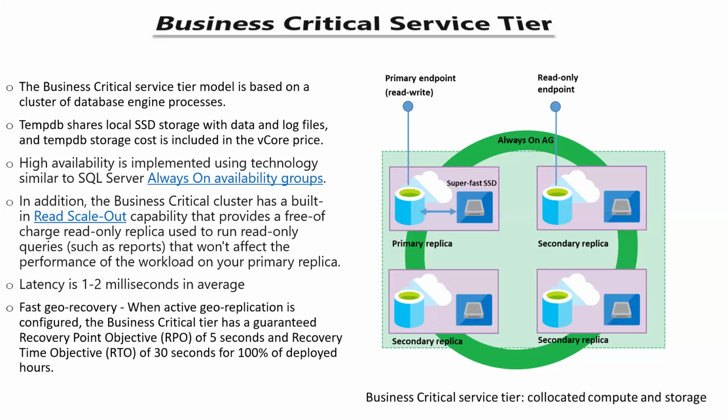When we come to business critical, TempDB and MDF, LDF all use the local SSD. That is why it is faster. And here latency is 1 to 2 milliseconds. Behind the architecture, it uses the Always On high availability techniques. The read scale out option is also available here. That's it. You can explain these points.